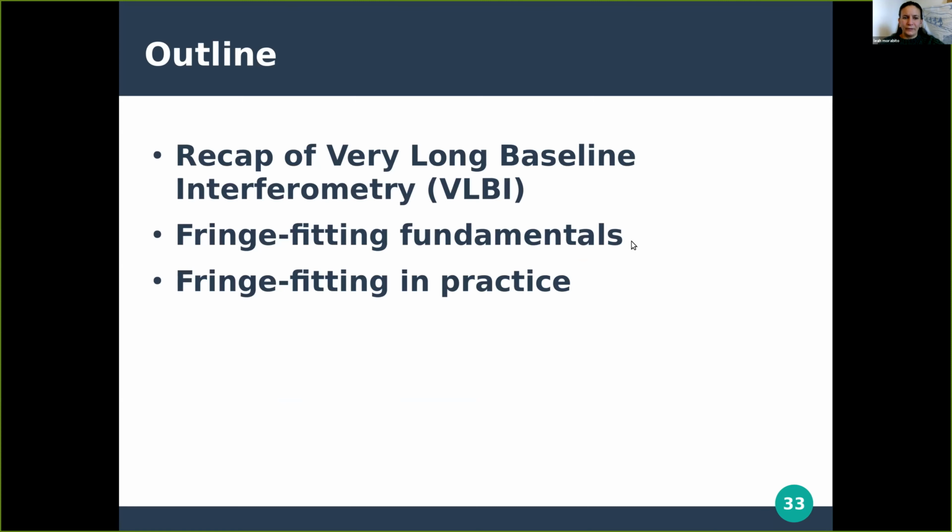So in today's lecture, we'll give a very brief recap of what very long baseline interferometry, or VLBI, actually is. And this is usually the context in which fringe fitting is talked about. We'll go through the fringe fitting fundamentals and a little bit about fringe fitting in practice, although you will get to do this in your tutorial, and so I won't cover all of the very small technical details here.